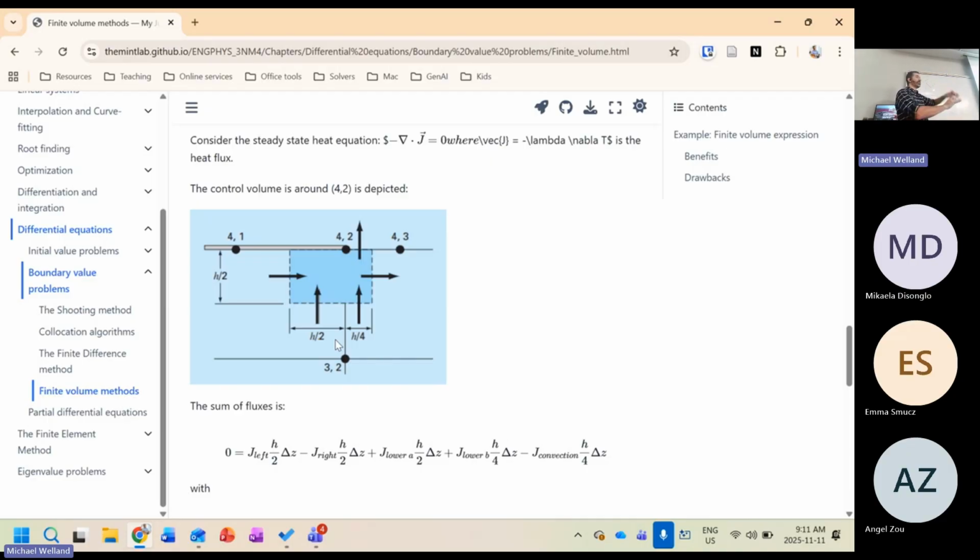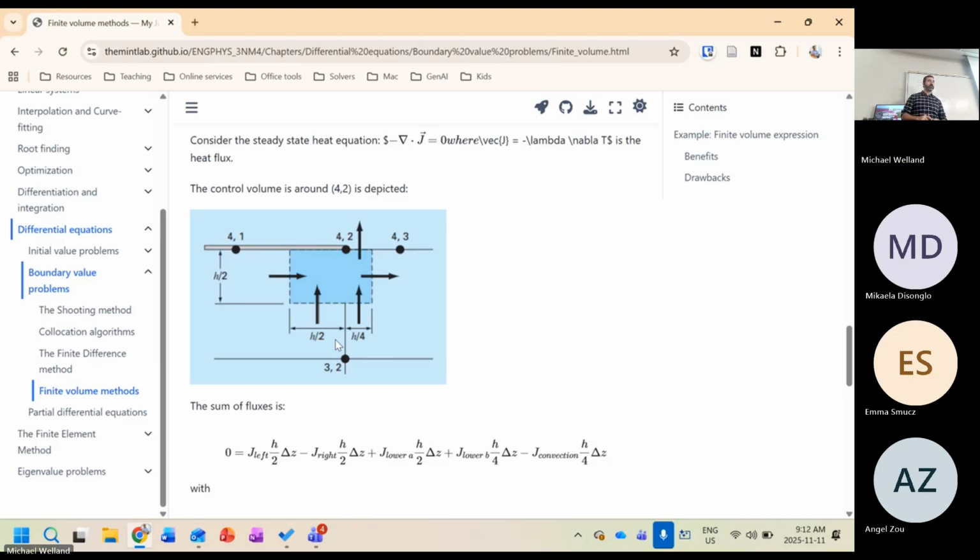With finite volume, you say, no, no, no. You know that the heat flux here is 10, and the finite volume method can do whatever it needs to do in order to make that happen. You don't directly tell it that. And it gives it that little bit of extra flexibility that makes the algorithm a little bit more robust. The solution has to be the same. Absolutely has to be the same.